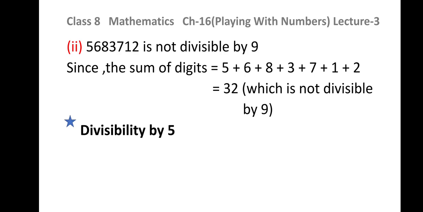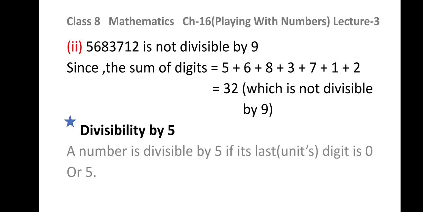Now divisibility rule of 5. A number is divisible by 5 if its last or units digit is 0 or 5. To check the divisibility by 5, we need to check the units digit of the given number. If it is 0 or 5, then we can say that the given number is divisible by 5.